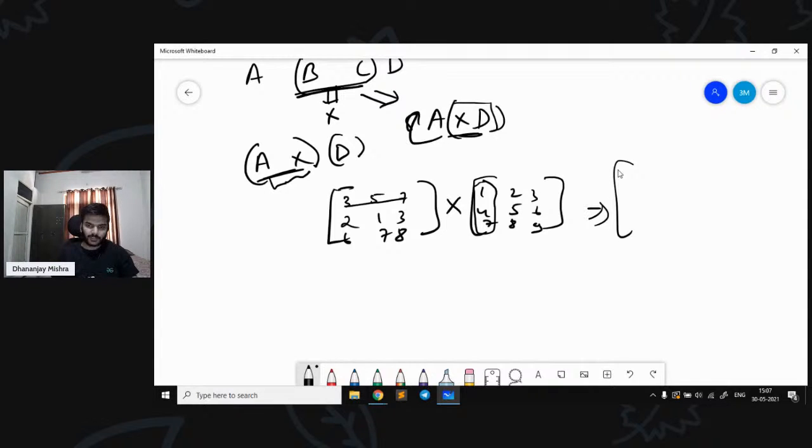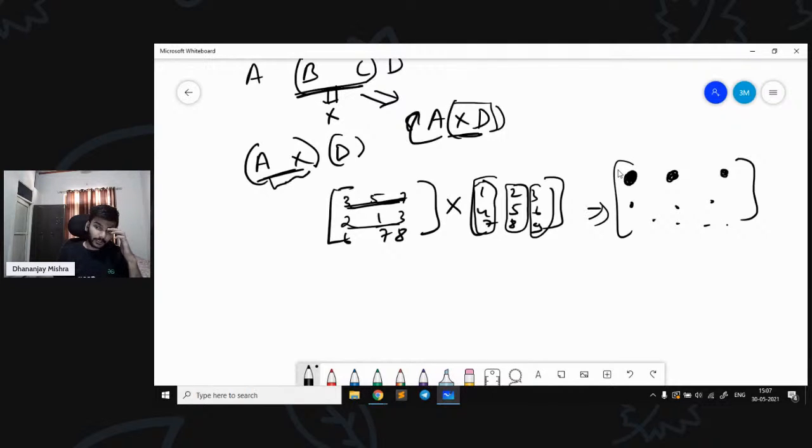And you put the result in the first cell of the final answer, right? Again, you pick this row, multiply it with this one, put the answer here, again pick this row, multiply it with this one, put the answer here, right? So in this manner, secondly, you will be picking up this entire row, multiplying it with this one, this one, this one, and you will be getting the answer, right?